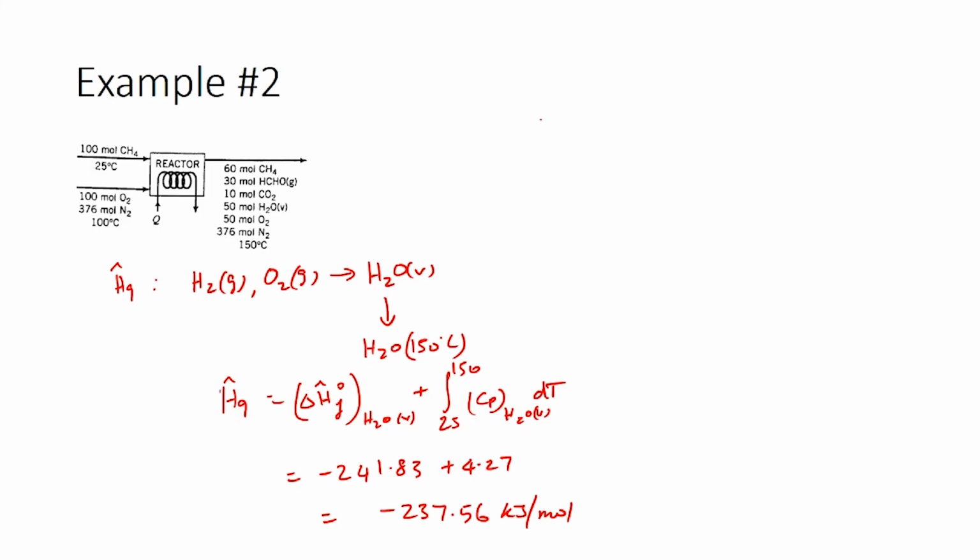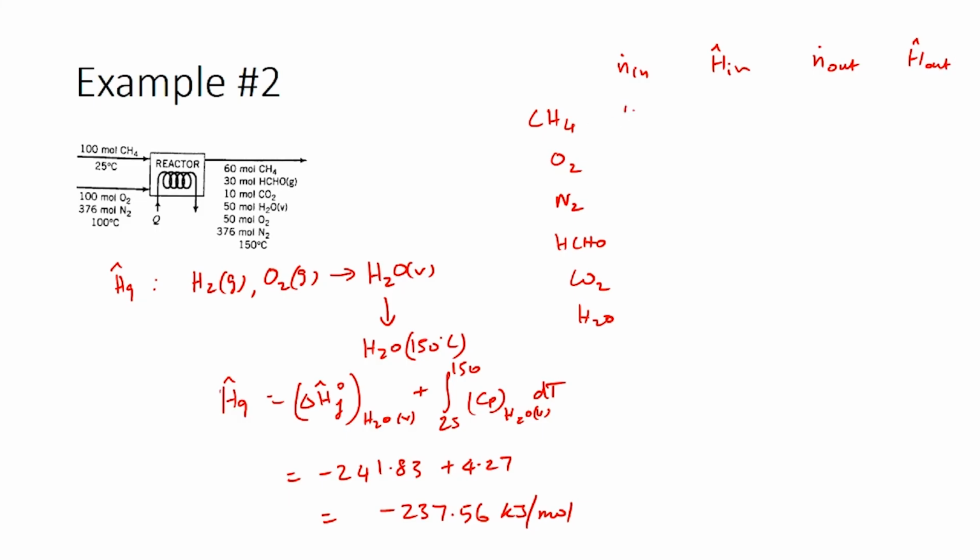So, the enthalpy table will basically look like this: methane, oxygen, nitrogen, formaldehyde, and carbon dioxide and water, with columns for N dot in, H cap in, N dot out and H cap out.